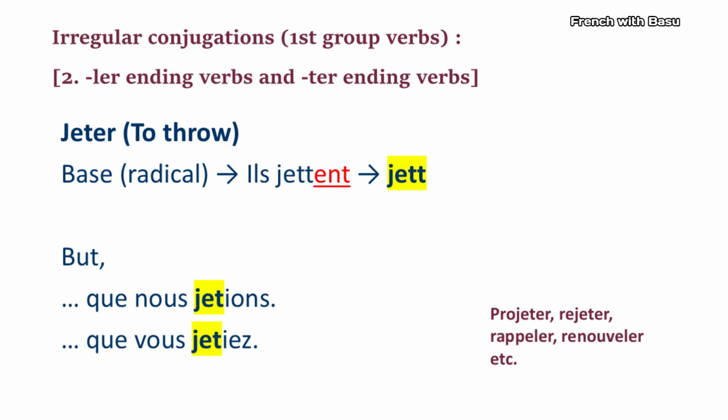Some of the verbs which follow this pattern of conjugation are noted on the screen. Jeter, to throw, the base form being jett, which you can use with all the other subjects except nous and vous. With nous and vous, we will use only one consonant, T, not double T. Que nous jetions, que vous jetiez.